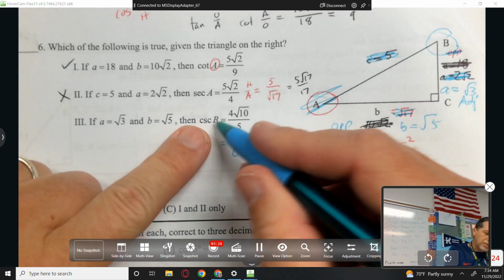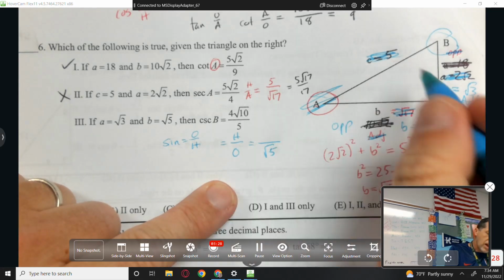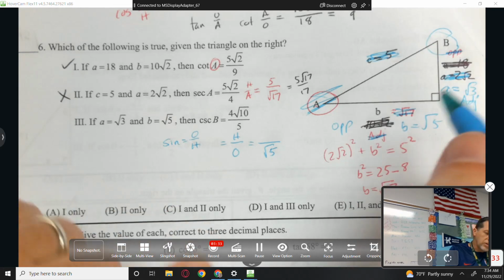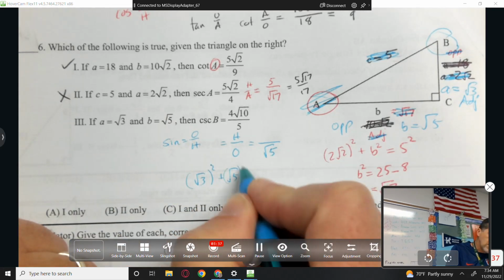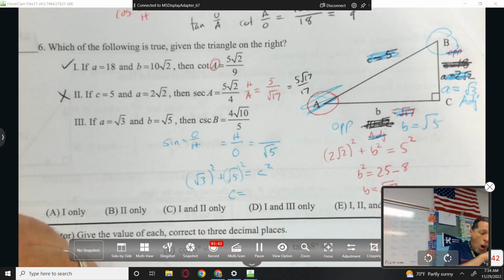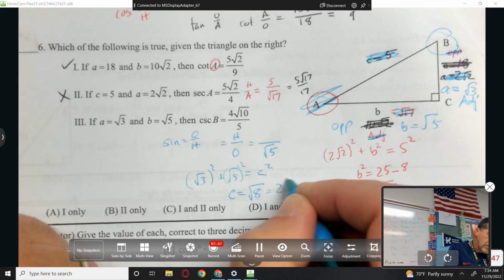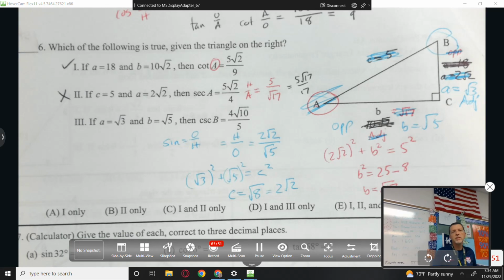Opposite of B is square root of 5. Hypotenuse I don't know, so I've got to do the a squared plus b squared equals c squared thing. So c is the square root of 8, which is 2 root 2 if I simplify that. And then that doesn't look like my answer, but I need to fix it.